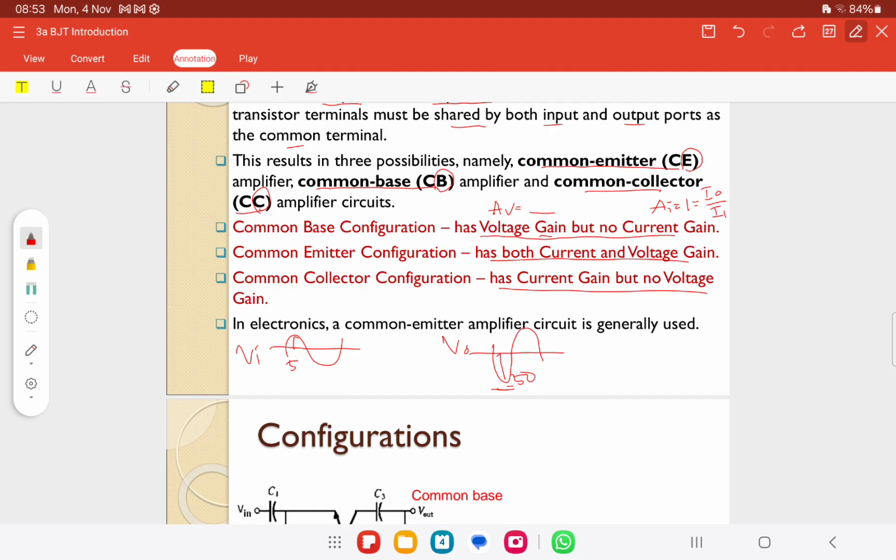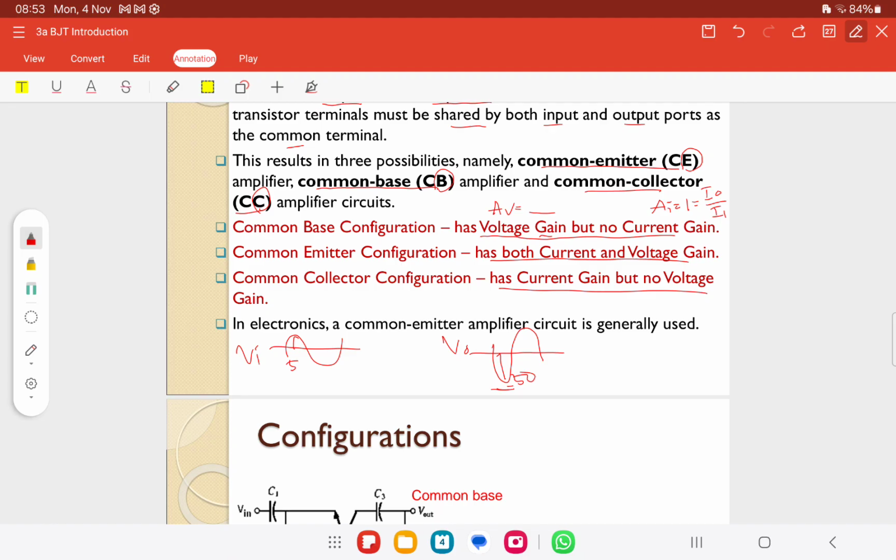Tak ada. That is the meaning by no current gain. Okay, dia bukan 0. Kalau 0 maksudnya sama ada I out ataupun I in yang jadi 0 kan. So for no current gain, the value of the ratio sama ataupun kita boleh katakan it is unity current gain. Sebab dia equals to 1. 1 kan unity. Nampak tak?